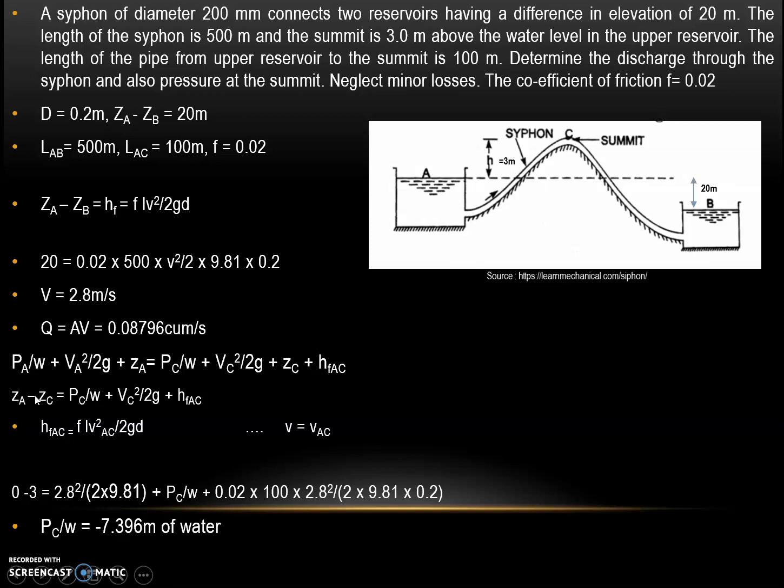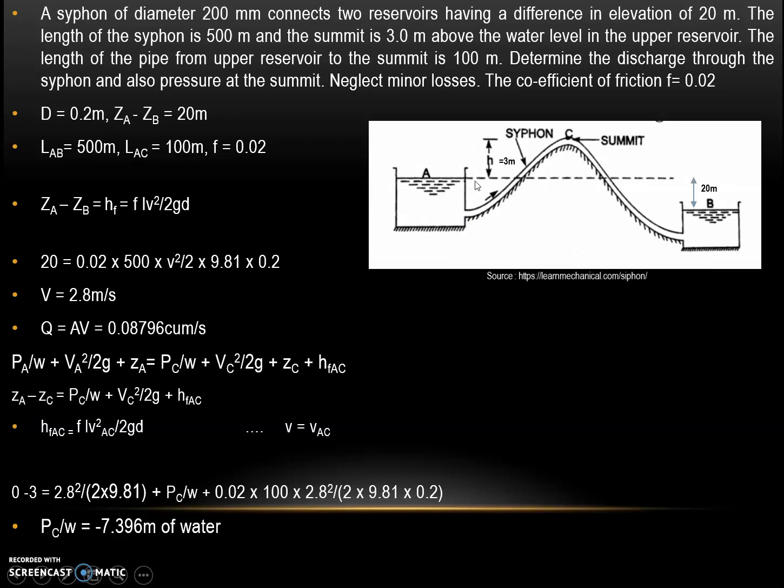And now we can rewrite equation as ZA minus ZC equal to PC by W plus VC square by 2G plus HF AC. PA by W is assumed as 0. And HF AC equal to FLV AC square divided by 2GD. Here value of VAC is equal to value of V, considering velocity of flow to be same throughout the length of the pipe.